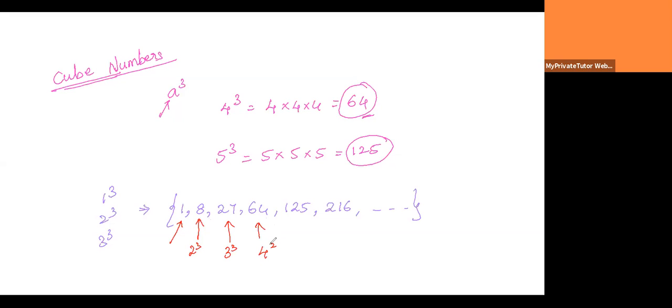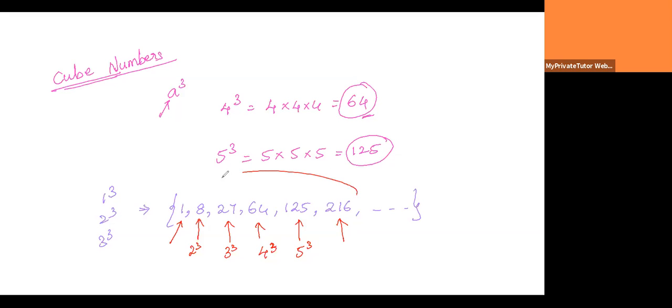If you get a question to write down the set of cube numbers, this is how you write 1, 8, 27, 64, which is multiplying 1 cube, 2 cube, 3 cube, 4 cube and so on. Just find and write the answers. So these are the cube numbers. You might have a question: do we have any cube numbers in between?